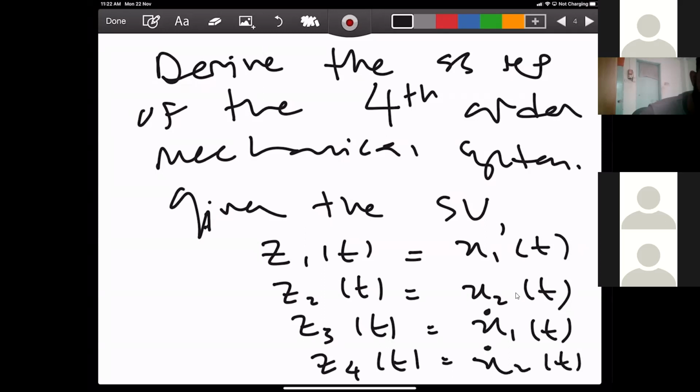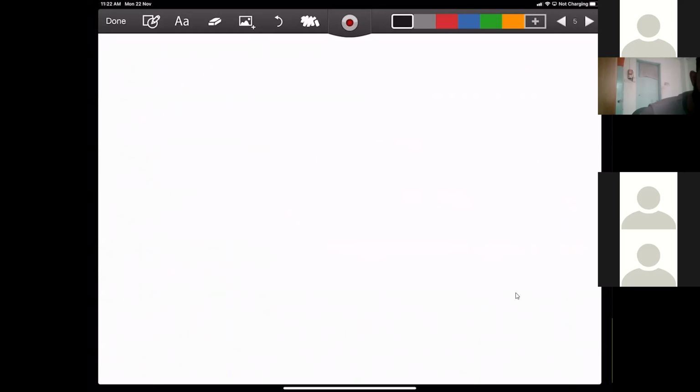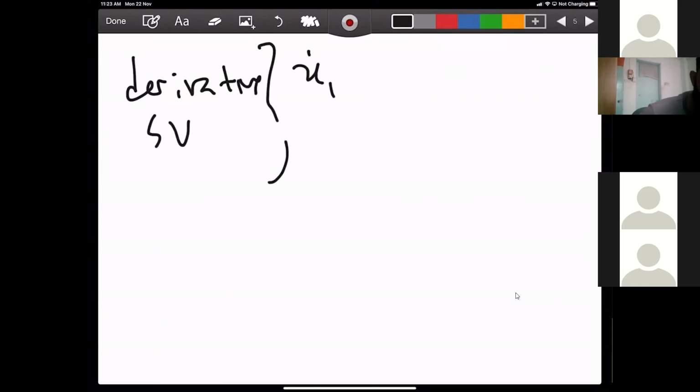All of these we call state variables. The next ones are the derivatives of the state variables, which are z1 dot, z2 dot, z3 dot and z4 dot.